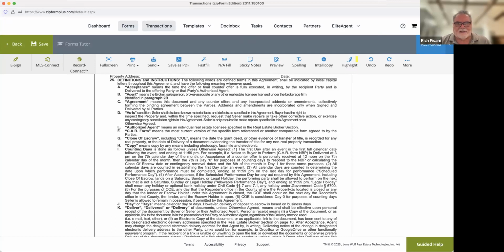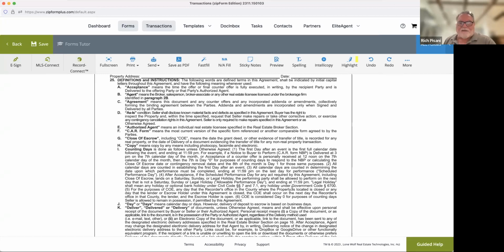After acceptance, if the scheduled performance day or any act required by this agreement, including close of escrow, lands on a Saturday, Sunday, or legal holiday, the performing party shall be allowed to perform on the next day that is not a Saturday, Sunday, or legal holiday, ending at 11:59.